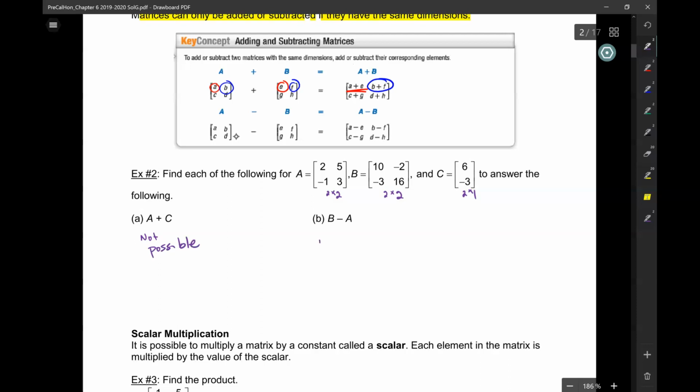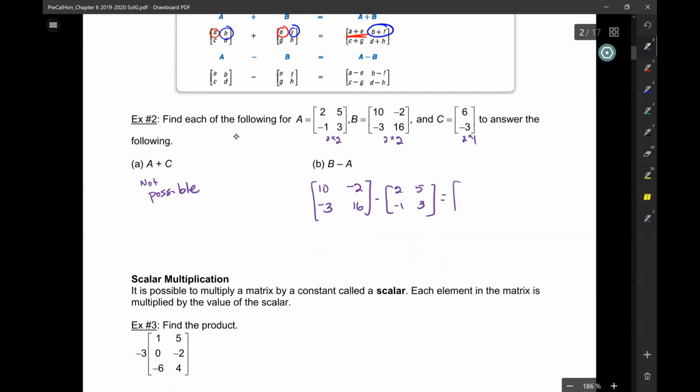B minus A, that I can do though. So this is B, and then this is A, minus 1, 3. If you have 2 by 2s, your result is also going to be a 2 by 2. And so now you take the first, 10 minus 2, 8.